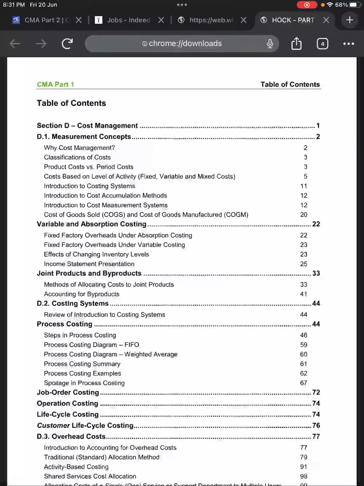Okay, this will be covered under Unit 1.